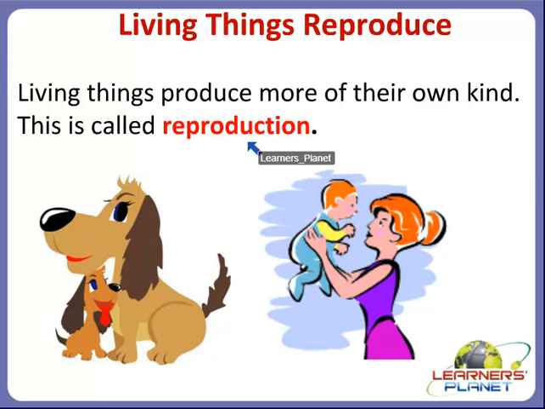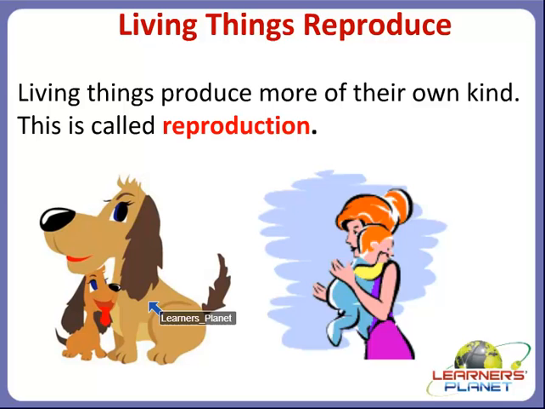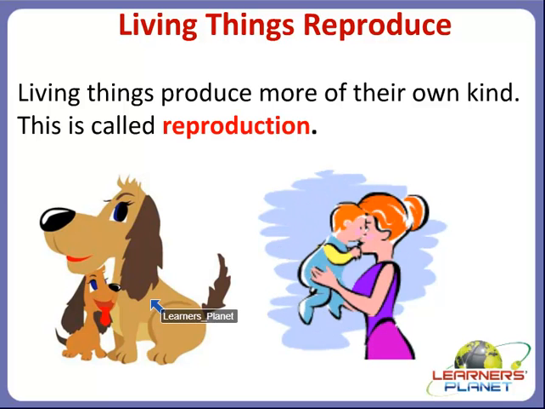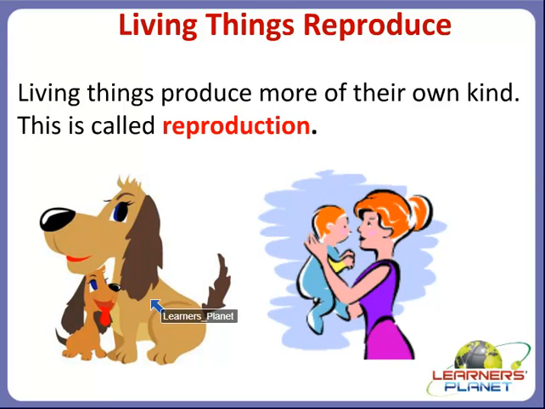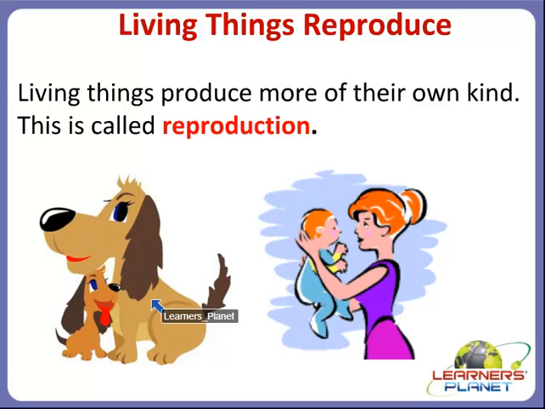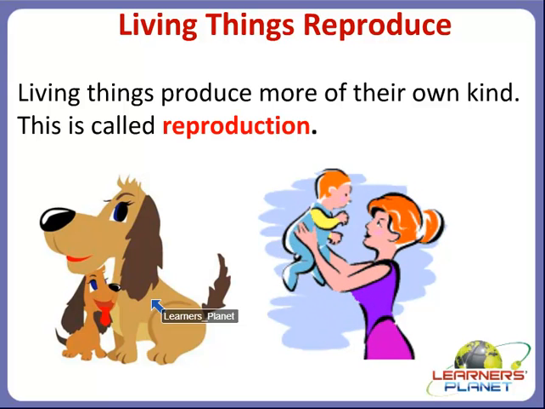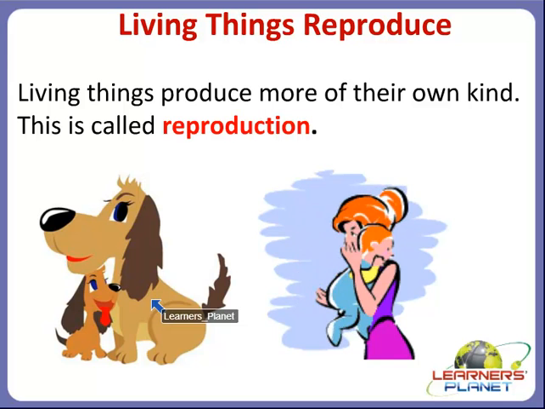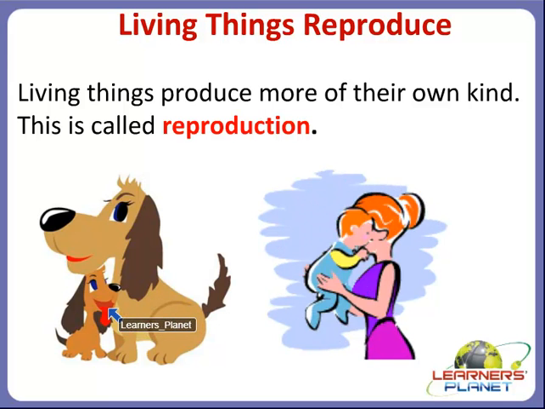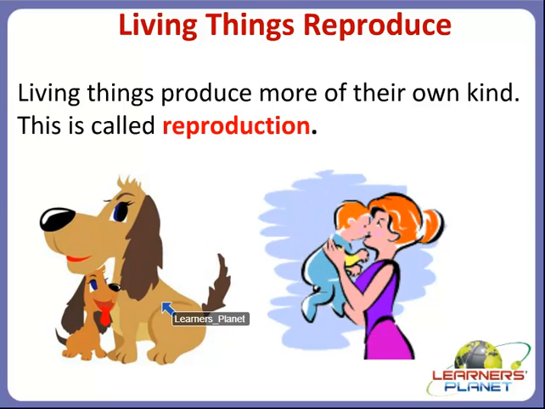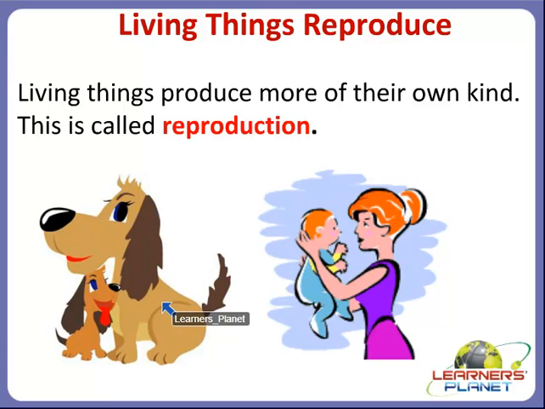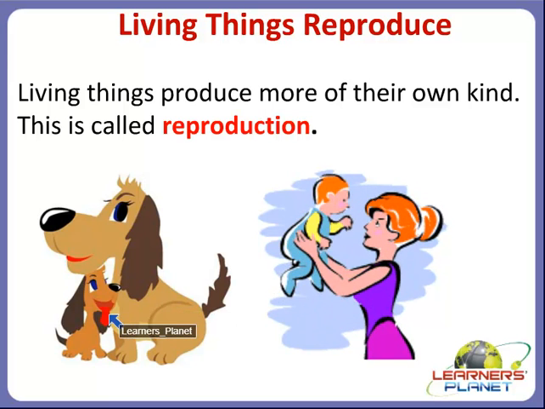So children, this is a picture of an animal. This is a picture of a dog. Yes, children? So animals reproduce by giving birth to young ones. There are some animals which give birth to their young ones.